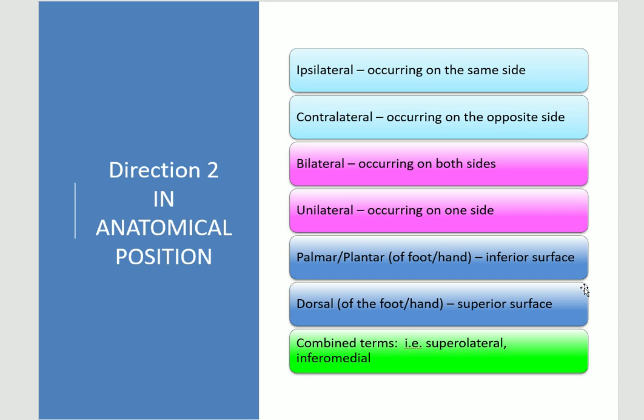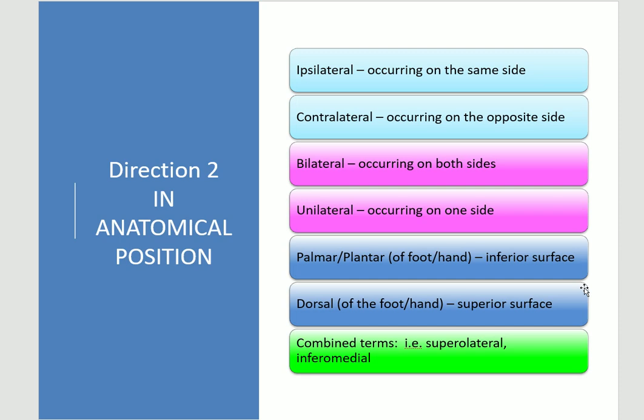And we have palmar for the hand and plantar for the foot. So palmar and dorsal, talking hands only. Palmar is the palm, dorsal is the back of the hand. And then plantar and dorsal, we're talking feet only. Plantar is the bottom of the foot.